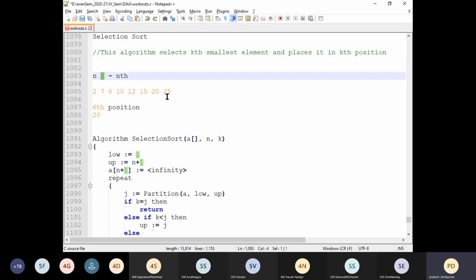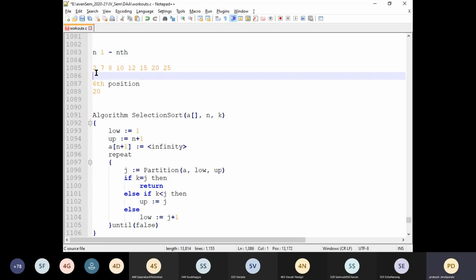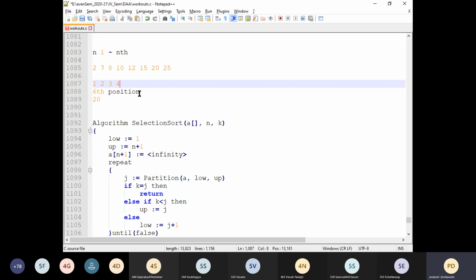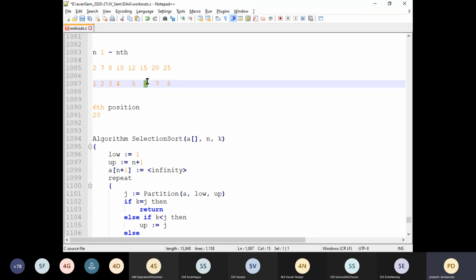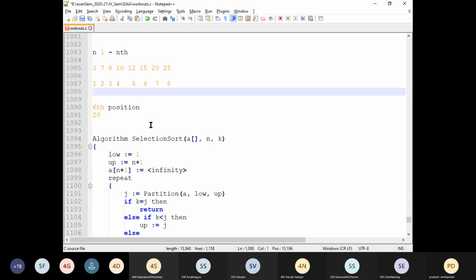The last element is n. These are not the index values here, students, in the selection sort. The first position is 1, then 2, 3, 4, 5, 6, 7, and 8 are the positions. And at the 6th position, what would be the number? 15.